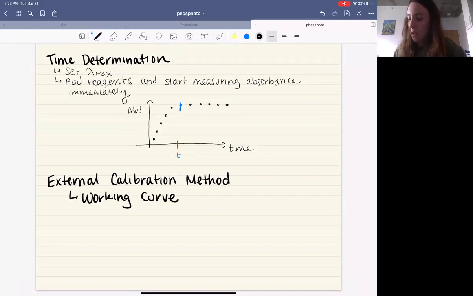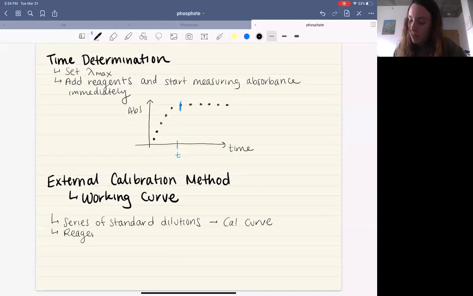Okay, external calibrations like you've done before. You're making a series of standard dilutions. And by measuring the absorbance of those standards of known concentrations, you can make a calibration curve. This time, we're also measuring a reagent blank.